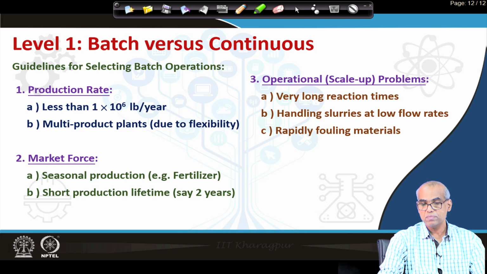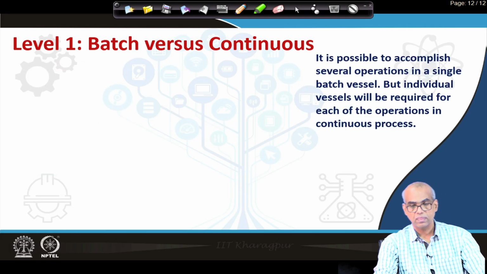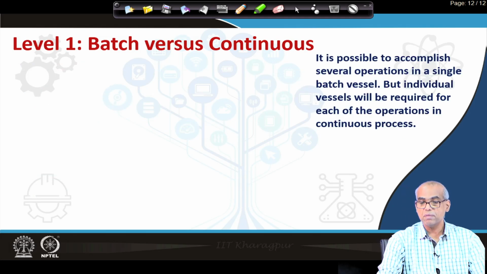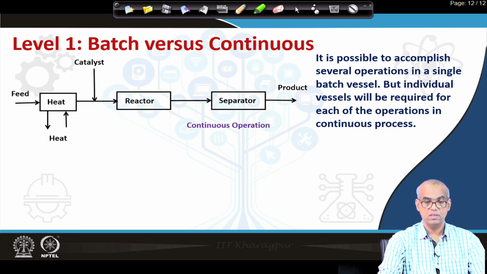Operation or scale up problems, very long reaction times, handling slurries, low flow rates or rapidly fouling materials will favor batch operations. It is possible to accomplish several operations in a single batch vessel, but individual vessels will be required for each of the operations in a continuous process. Look at the flow sheet for the continuous operation.